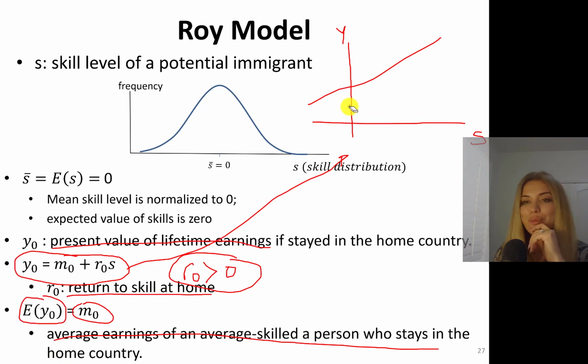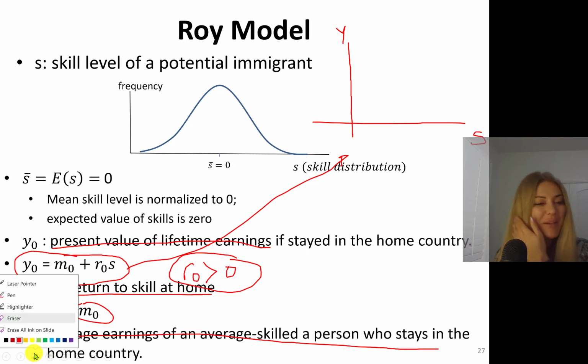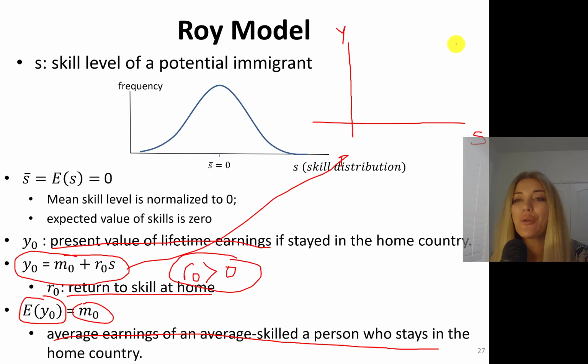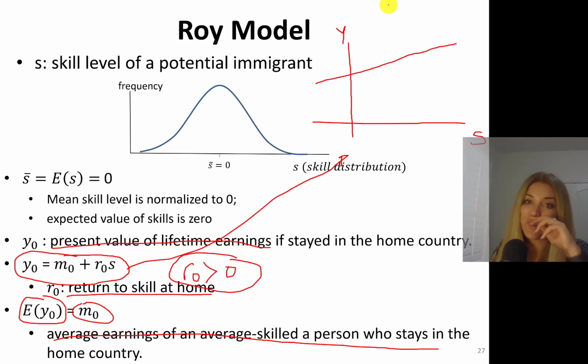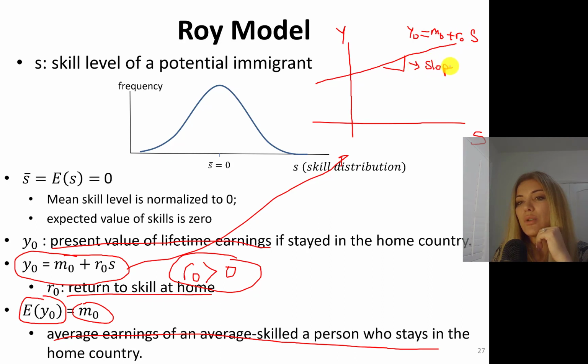Okay, I hope I can draw a straight line now. Straighter, okay? So this is my line, Y0 equals M0 plus R0S. So the slope here is going to be equal to R0.